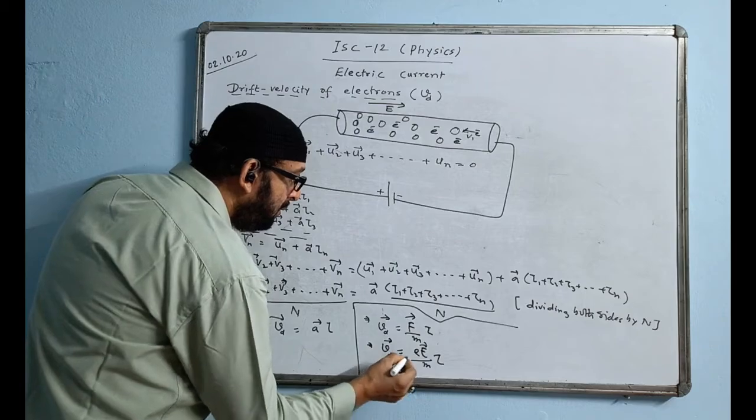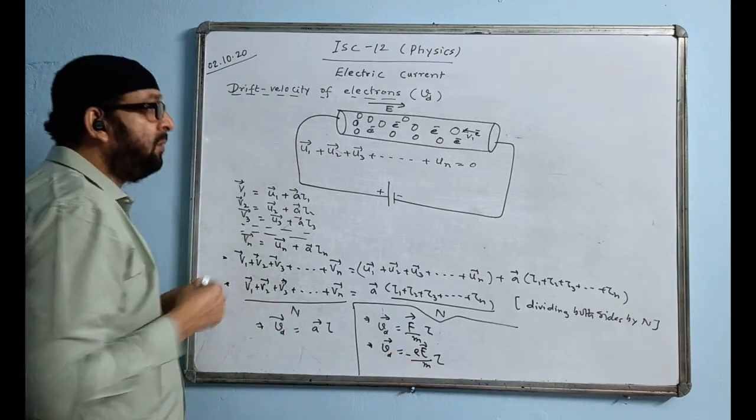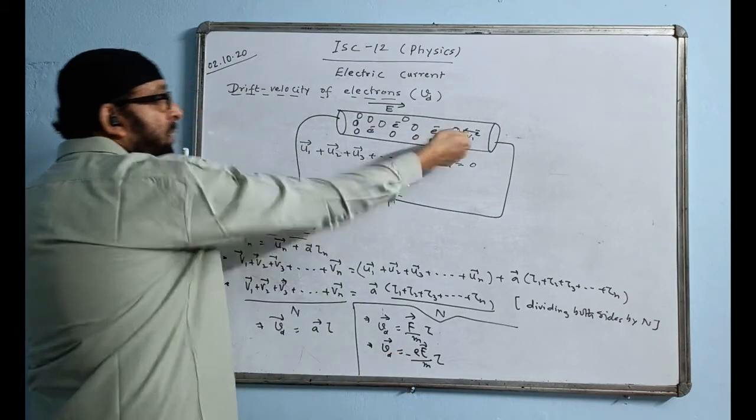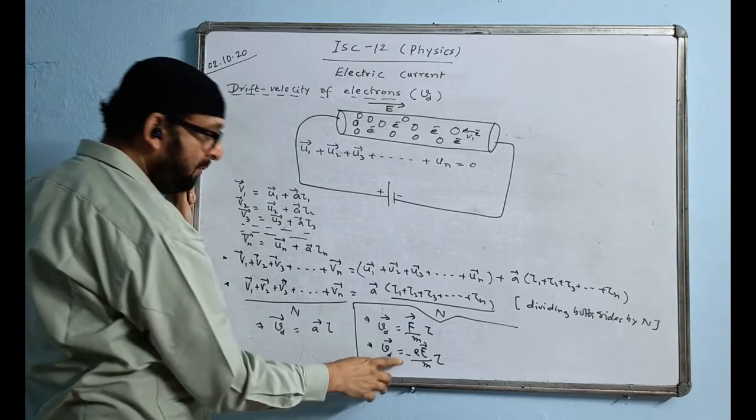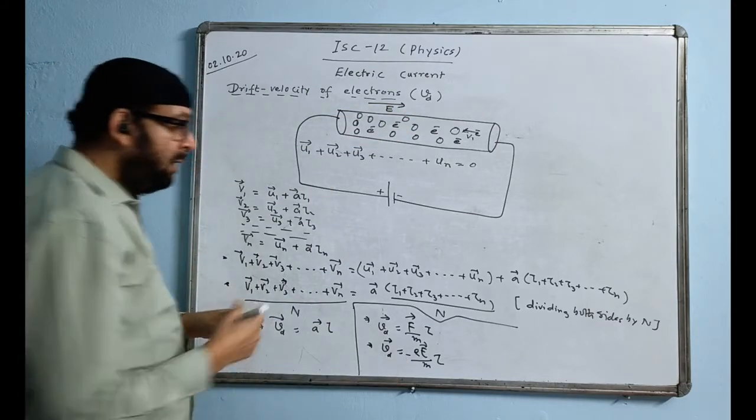And put the arrow here, but the direction will be opposite, minus, because the force on the electron is pulling this way, whereas the field is acting this way. The minus sign is indicating that.